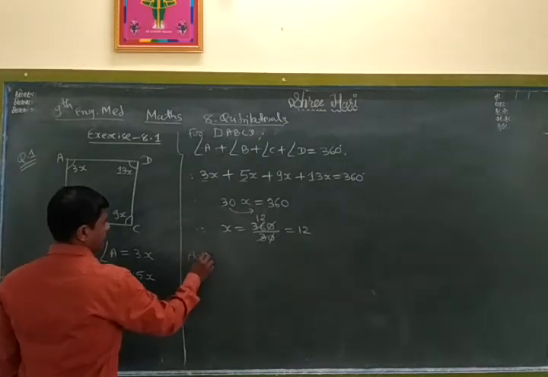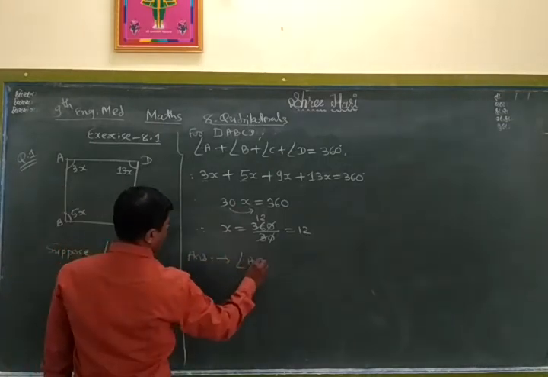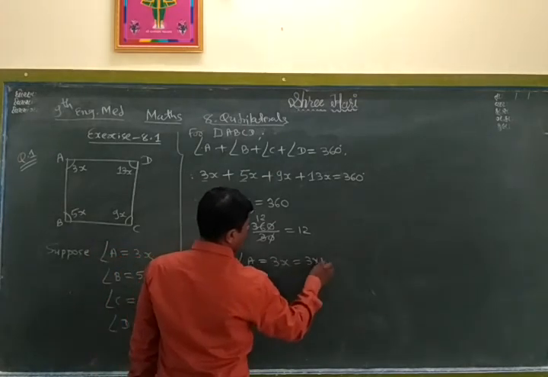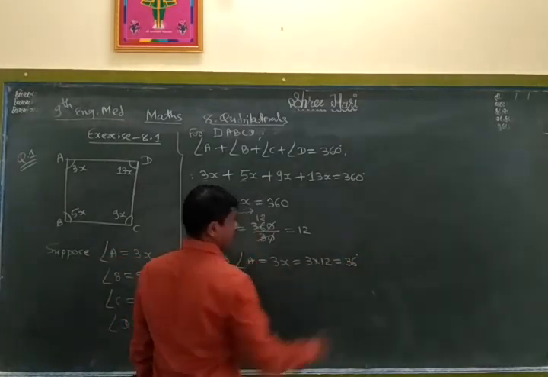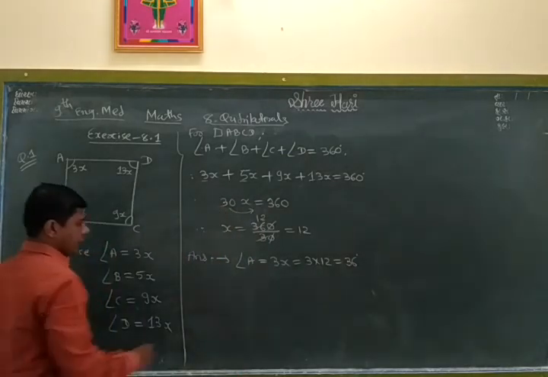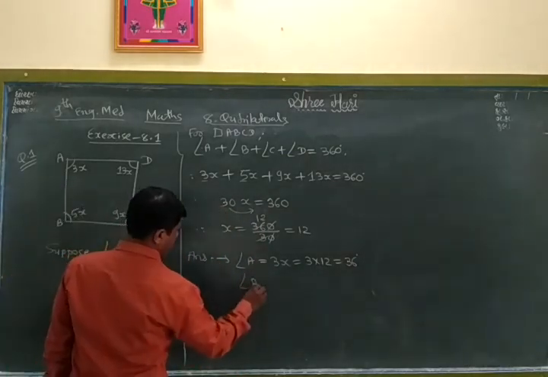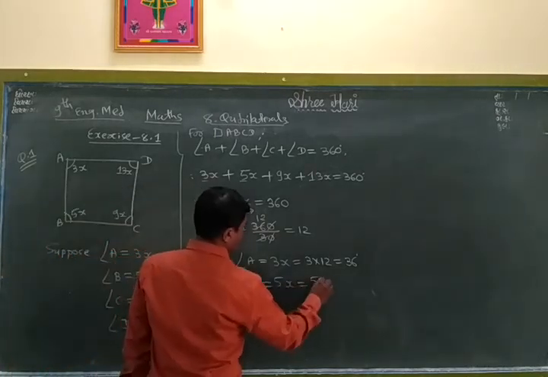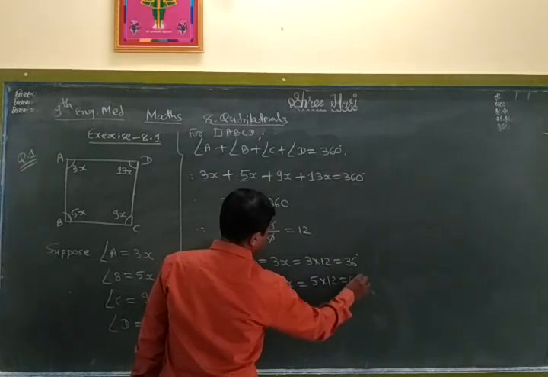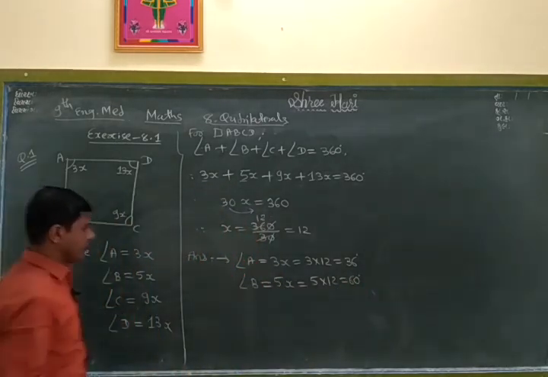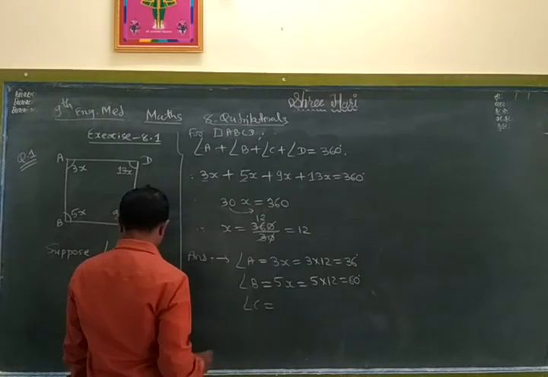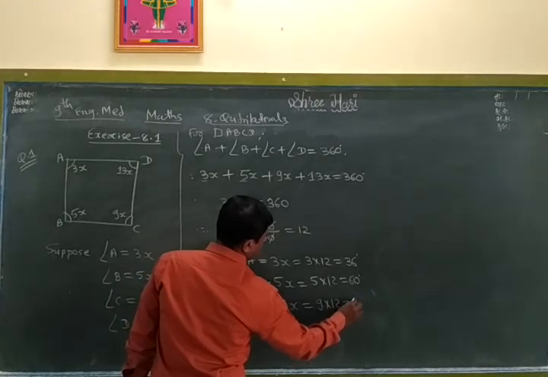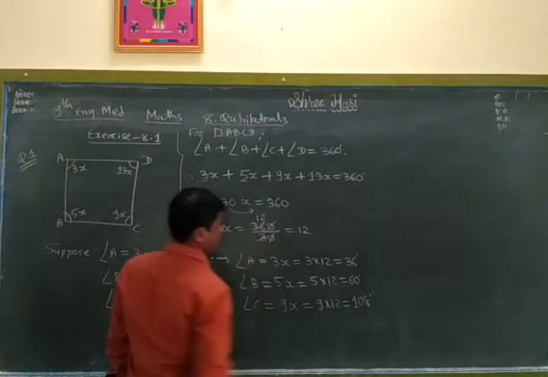So the answer: angle A is equal to 3x, 3 into 12, which is 36 degrees. Angle B is equal to 5x, 5 into 12, which is 60 degrees. Angle C is equal to 9x, 9 into 12, which is 108 degrees.